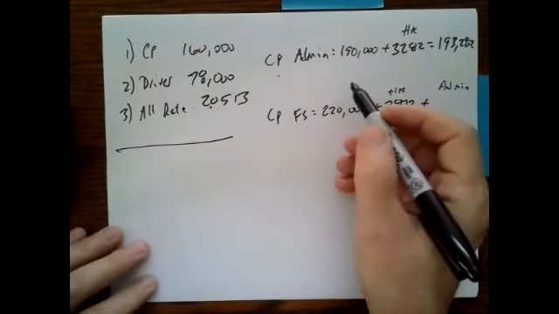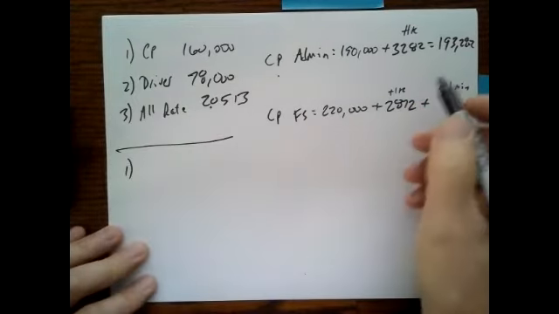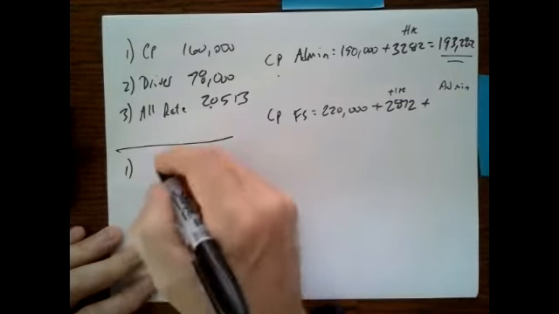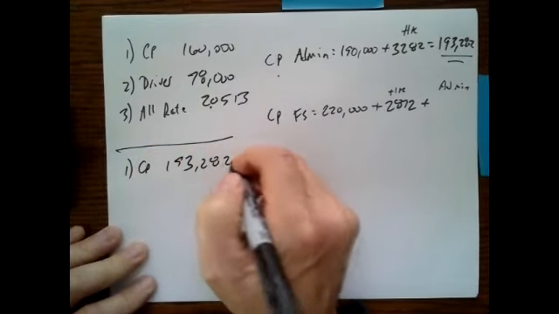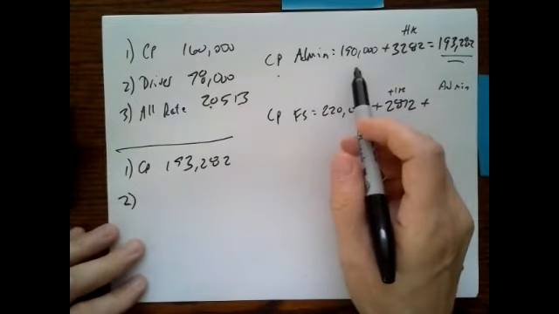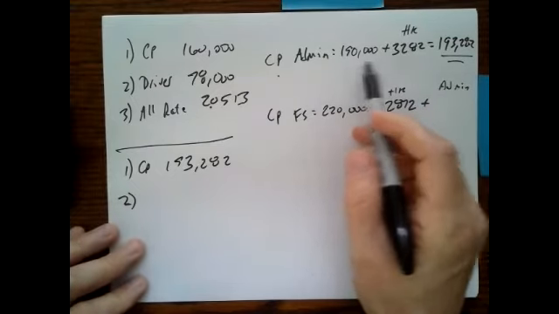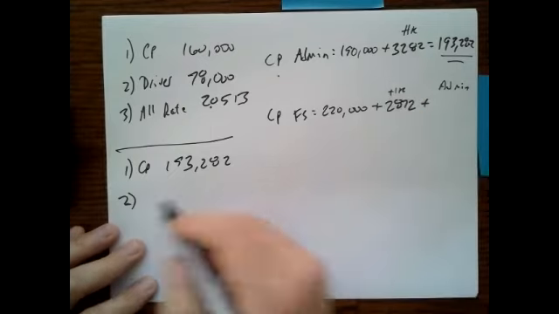So now we can run the allocation for admin. The admin cost pool is 193,282. Right, because admin comes second, its cost pool is both its direct cost plus the amount of support that it gets from housekeeping.